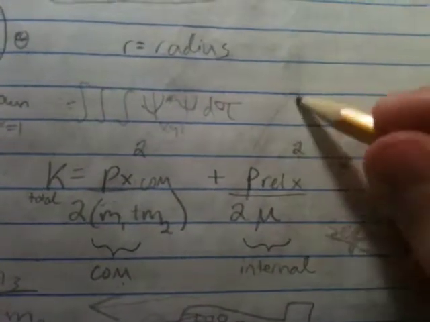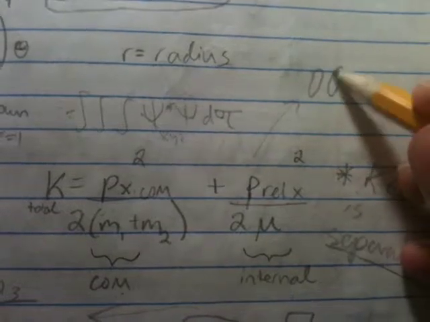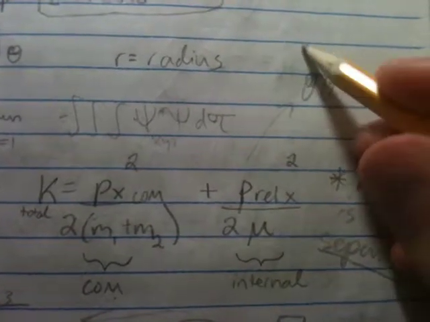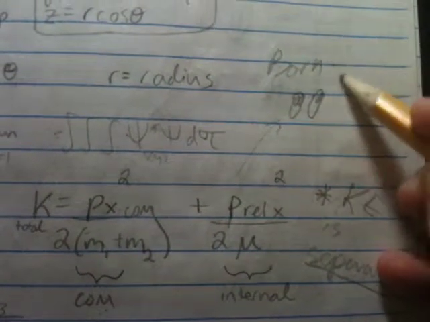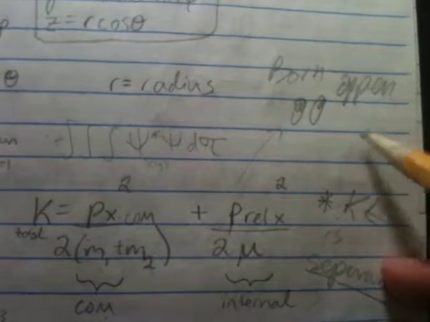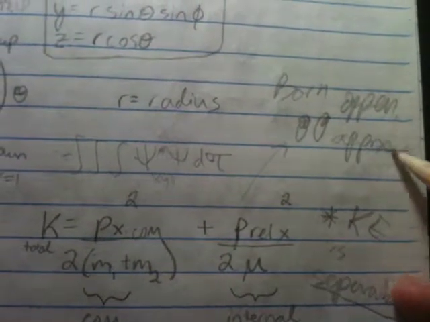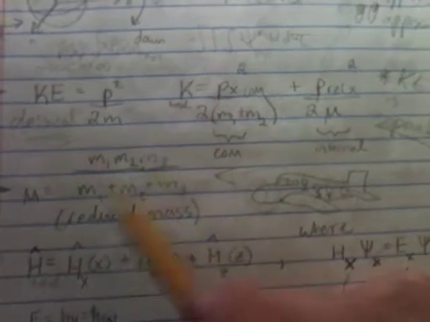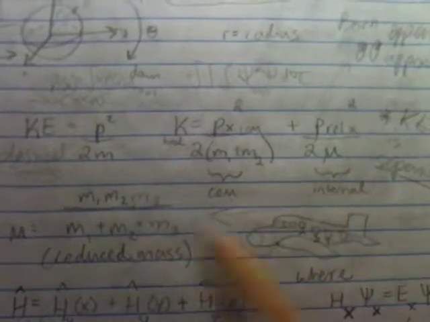You can take these two out. This will be really important later, looking ahead to the Born-Oppenheimer approximation. We'll talk about that later. And then reduced mass. Reduced mass we'll be using pretty frequently. It's used in the internal portion.